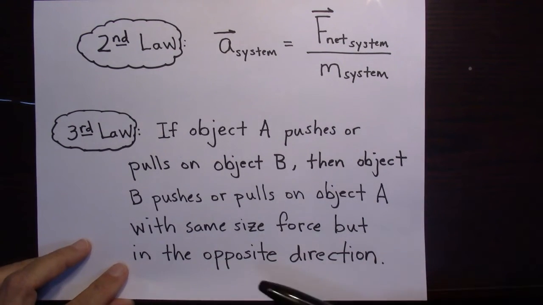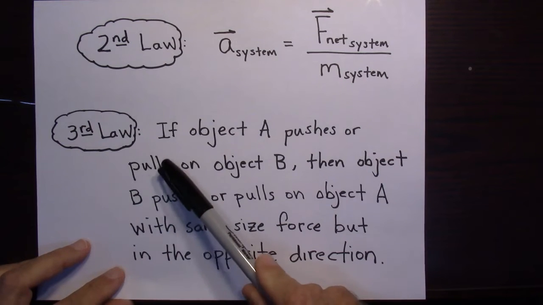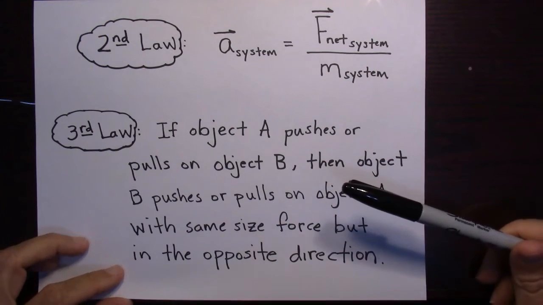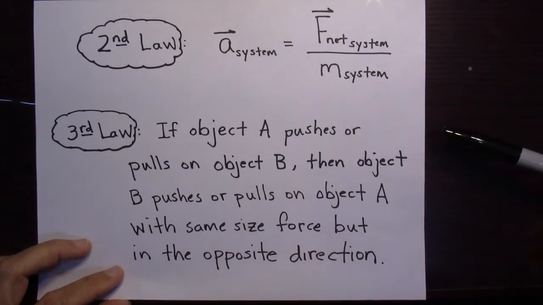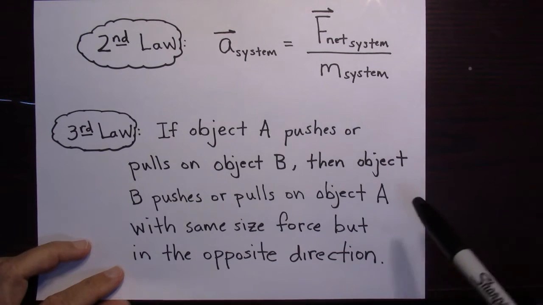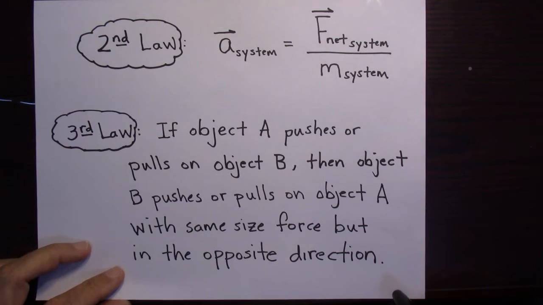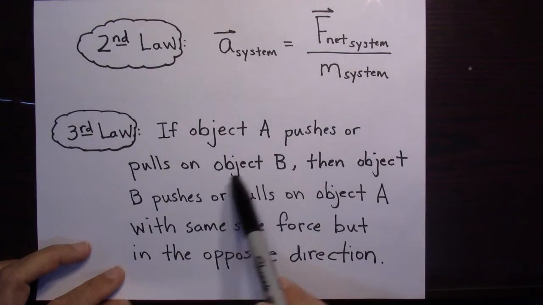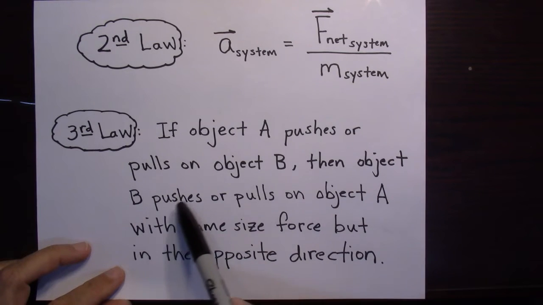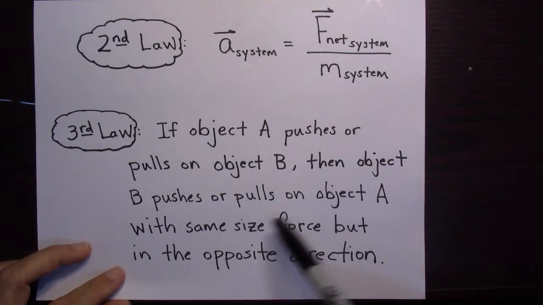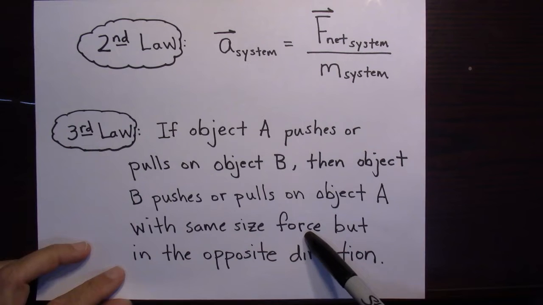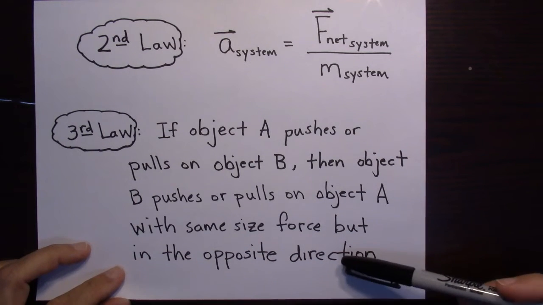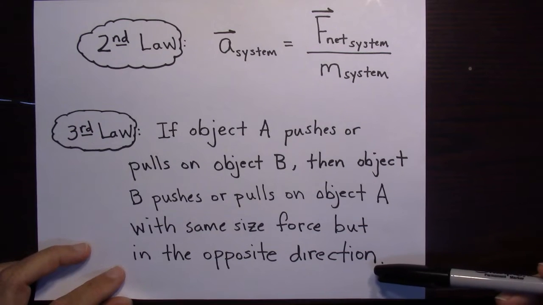The other thing is Newton's third law: for every force there's an equal and opposite force, or for every action there's a reaction. But I think the most powerful way to know Newton's third law is that if object A pushes or pulls on object B, then object B pushes or pulls on object A with the same size force, but in the exact opposite direction, and for the exact same amount of time.